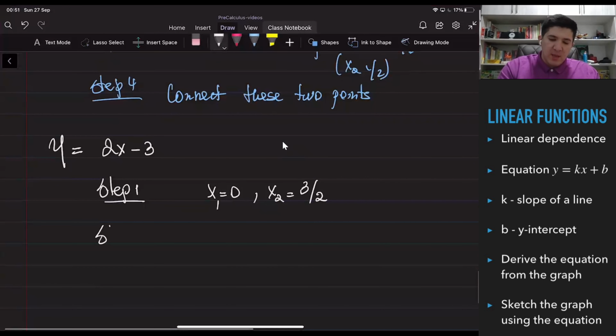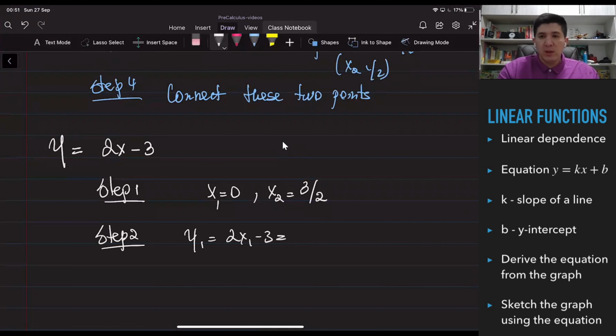In step number 2, we need to find y1 and y2. So y1 is going to be 2x1 minus 3. If you substitute x1, which is 0, it's going to be simply minus 3. And y2 is going to be 2x2 minus 3. If you substitute 3 over 2, it's going to be 3 minus 3, which is 0.